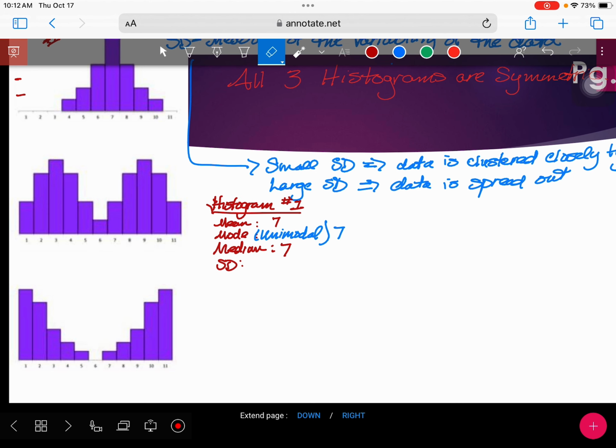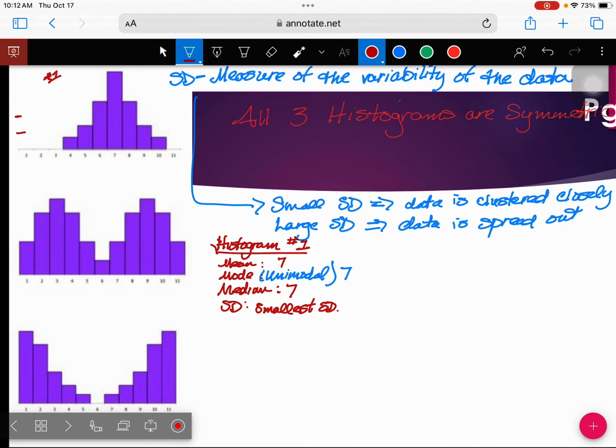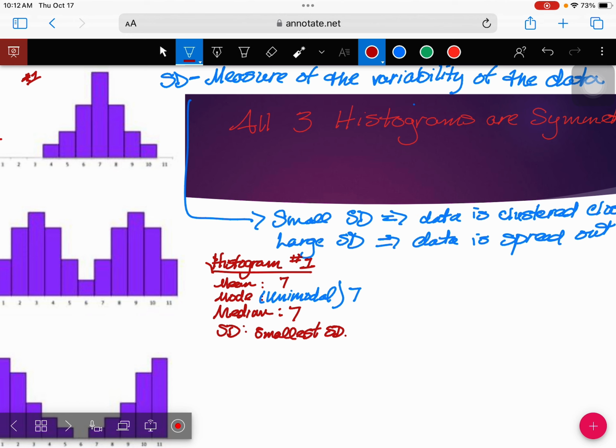So this is going to have the smallest standard deviation of the three. So right here, your mode, your median, and your mean are all at 7.